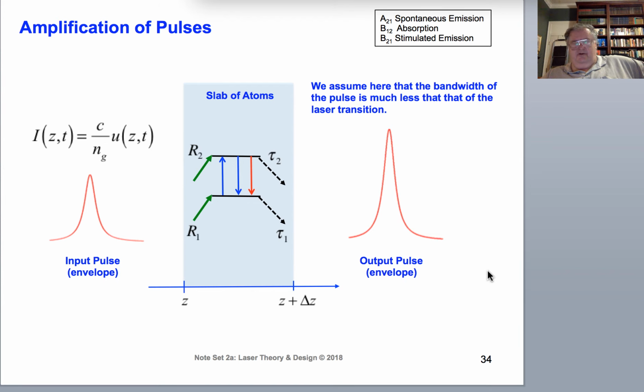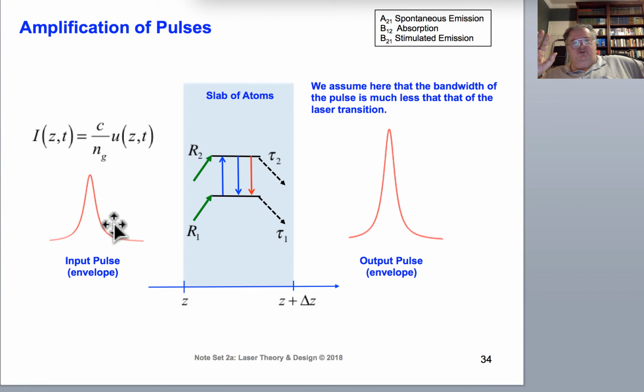So 200 terahertz is a high frequency, right? So if you have a pulse that has a bandwidth of 10 gigahertz, 50 gigahertz, something like that, 50 gigahertz is much, much less than 200 terahertz. So we still could assume that we have single frequency operation, even though we don't.